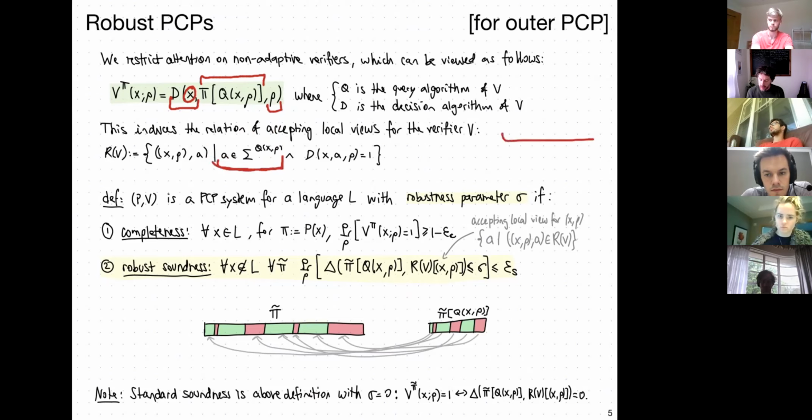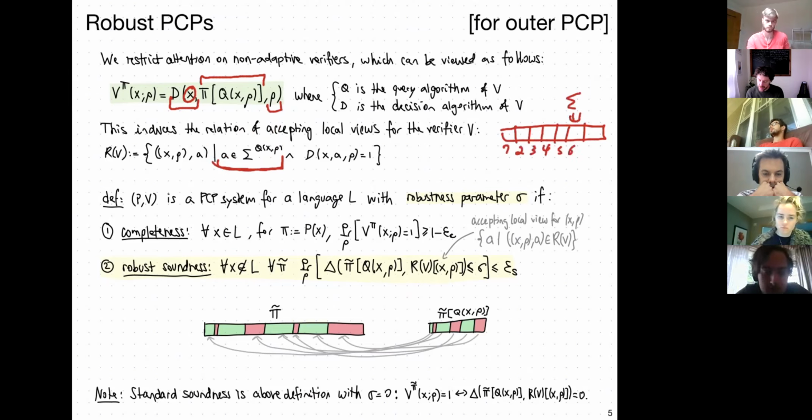I have a PCP oracle, and each element here is some element of sigma. So I have the first element, second element, 4, 5, 6, and 7. Q would be some set of queries. Let's say I want to query locations 1, 3, and 5. And A would be whatever field elements are written here, here, and here.